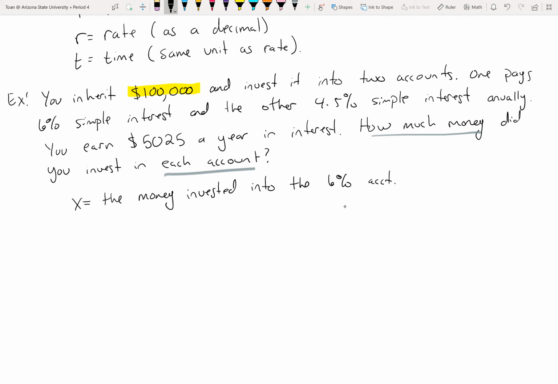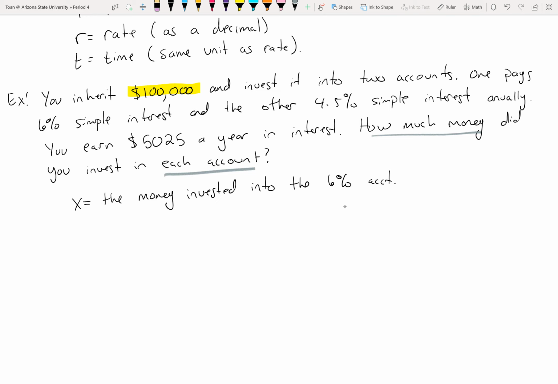I'm going to abbreviate account ACCT. Normally I would say let Y equal the other variable, but because they gave me a total, I know it's 100,000. If X amount is invested in one account, then the remaining money should be in the other account.